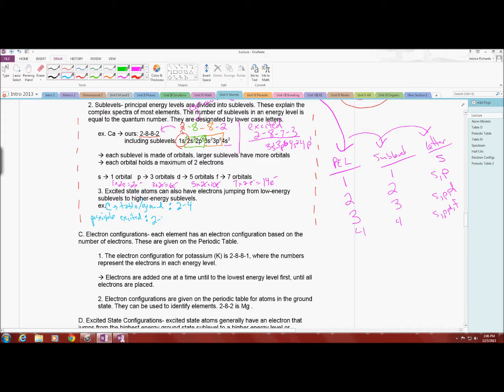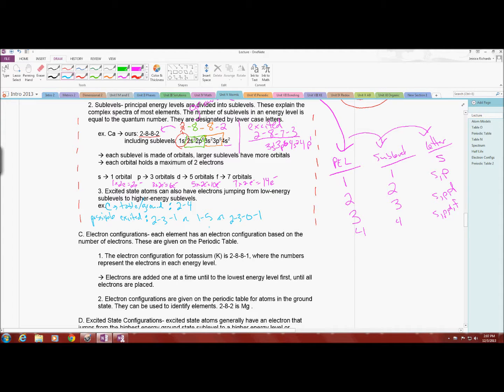So maybe 2-3-1 or 1-5. You have to make sure that the first principal energy level never has more than 2, and the second principal energy level never has more than 8, and the third never has more than 18, etc., etc. So maybe 2-3-0-1, and I still have 6 electrons, and everything is still fine.